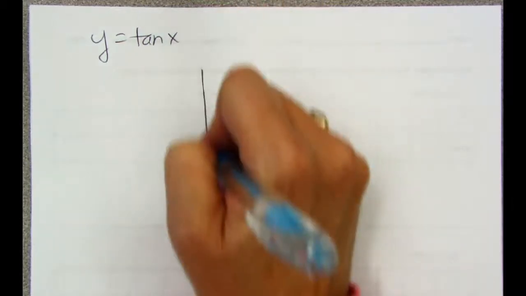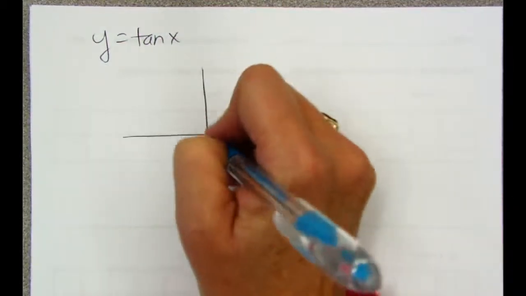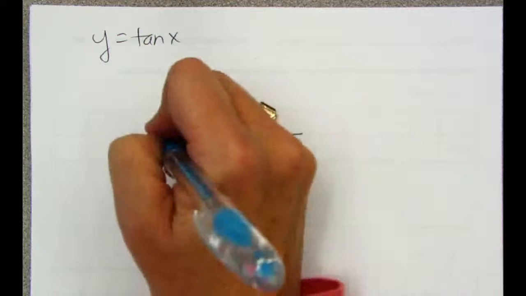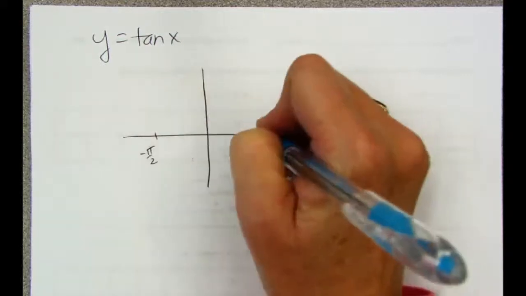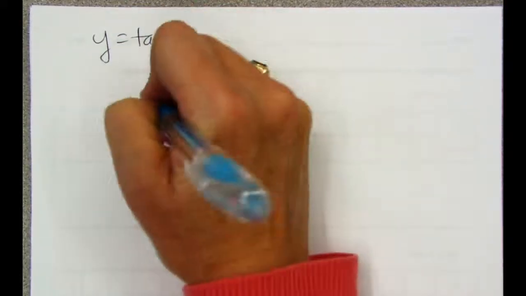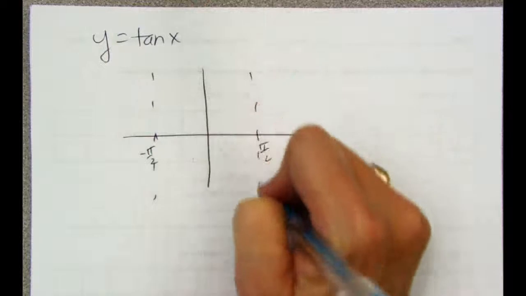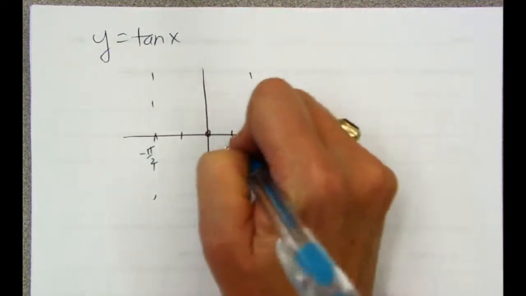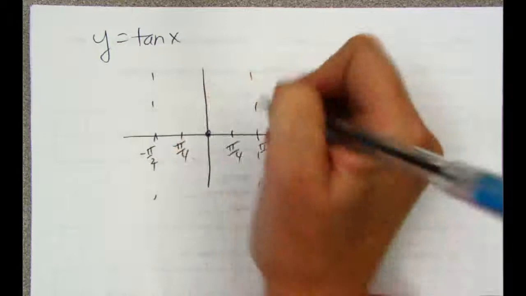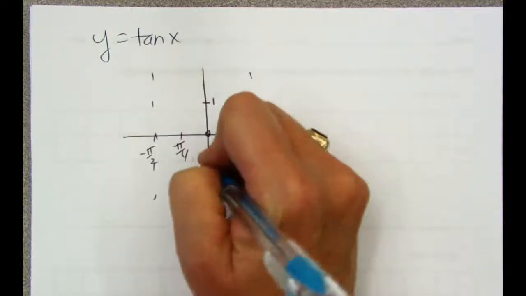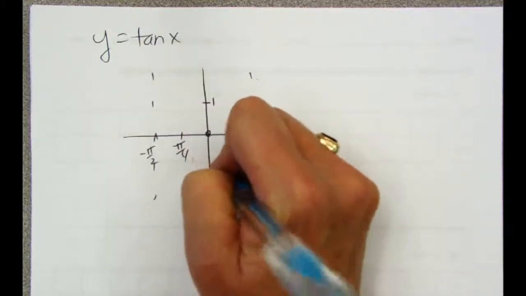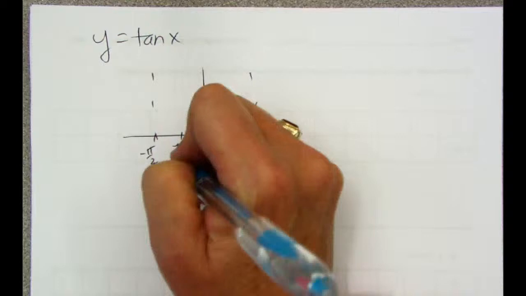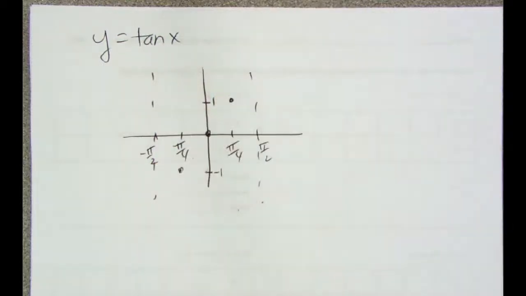So I might as well pick the one that goes right in between the origin 0, 0, which is at negative pi over 2 to pi over 2. It's my vertical asymptotes, 0, 0. Cut that in half. That is what? Pi over 4 and negative pi over 4. And I need a 1 and a negative 1. So that goes up here and down here.